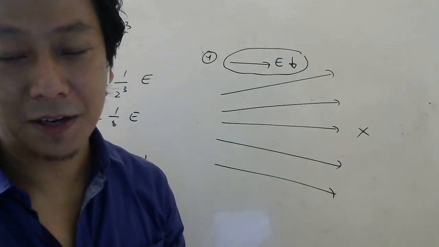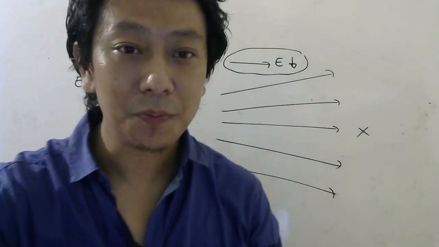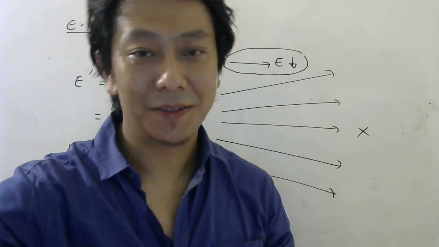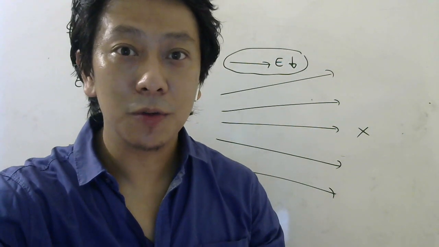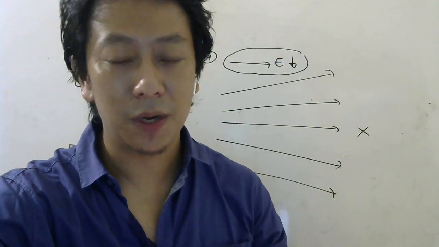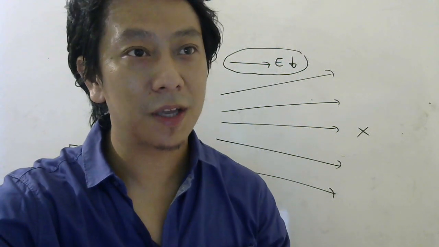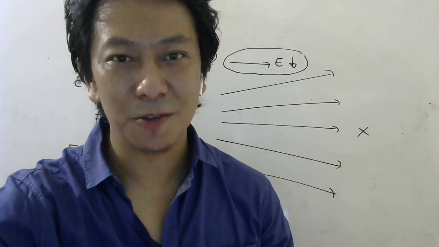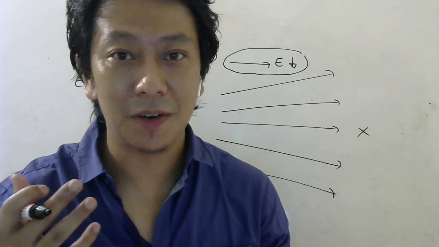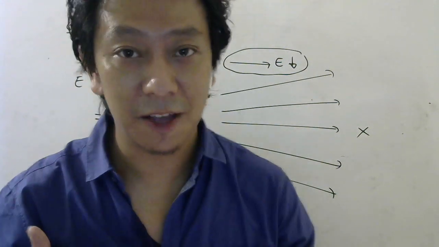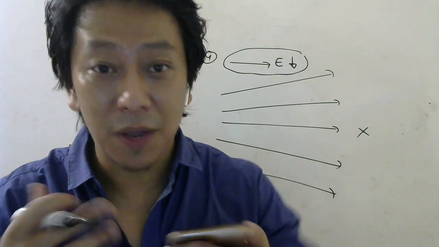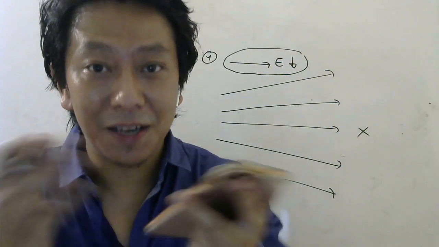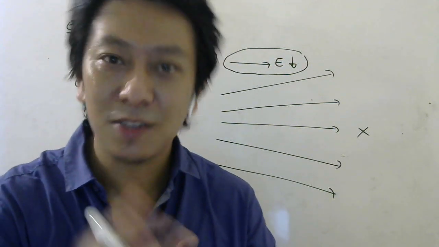Weaker electric field. See students, let us take a moment. Scientists, they want to imagine about things. So when you say electric field is force per unit charge, they don't like it so much. They want to imagine about electric field. So they have made a technique of drawing electric field due to any source charge.